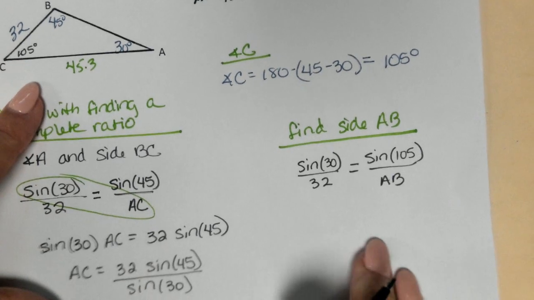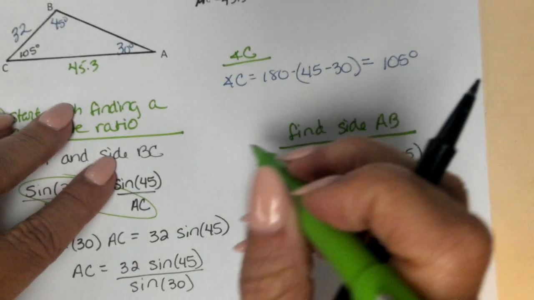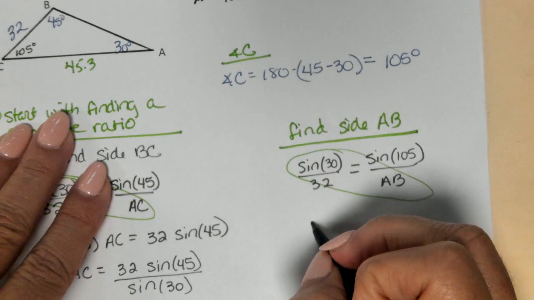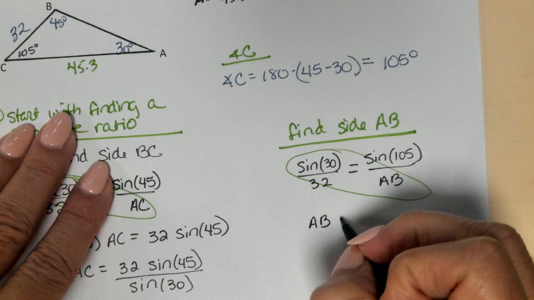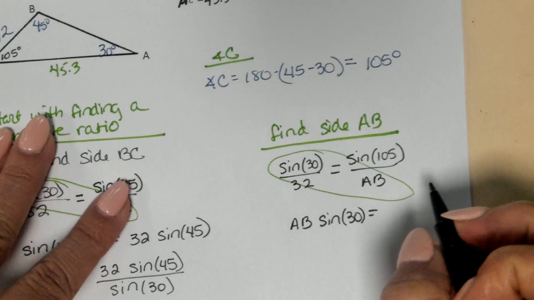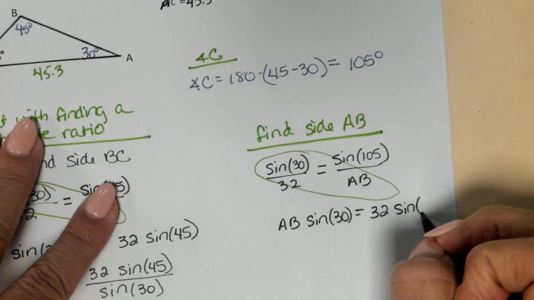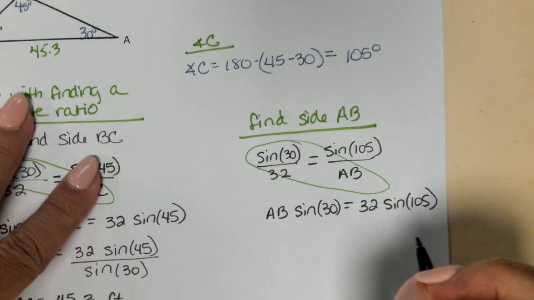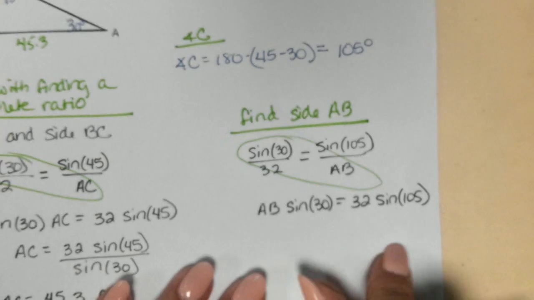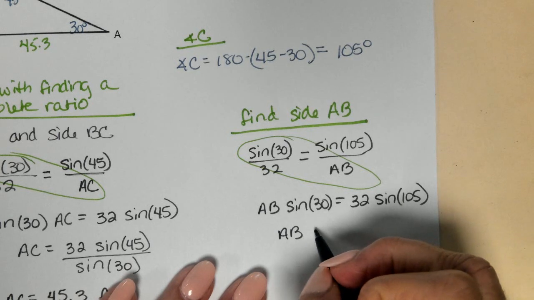Once we've got that, we're going to cross multiply, get all that out of the way. So AB times the sine of 30 equals 32 times the sine of 105. Last step is to divide by the sine of 30.